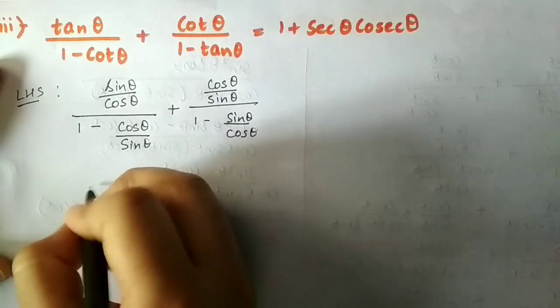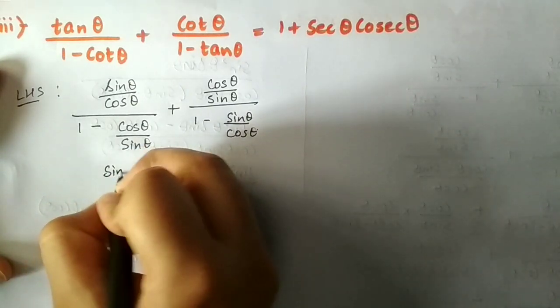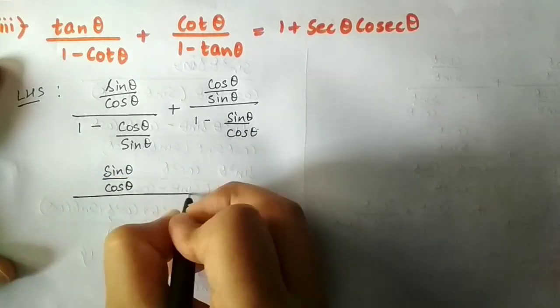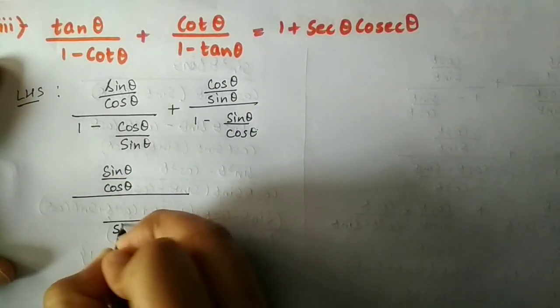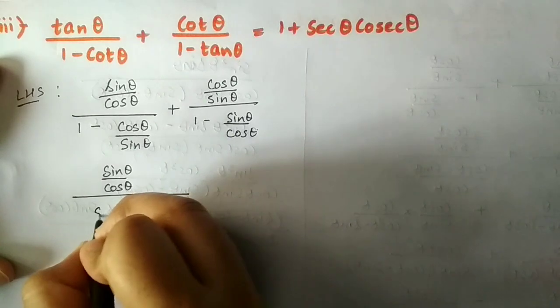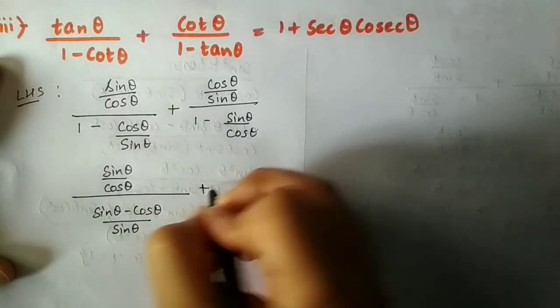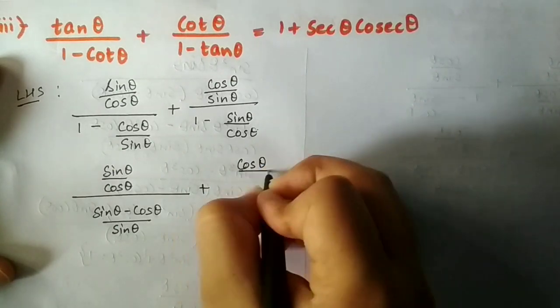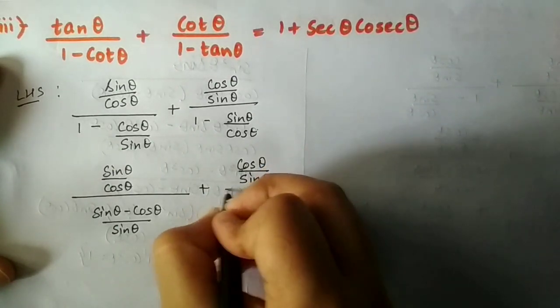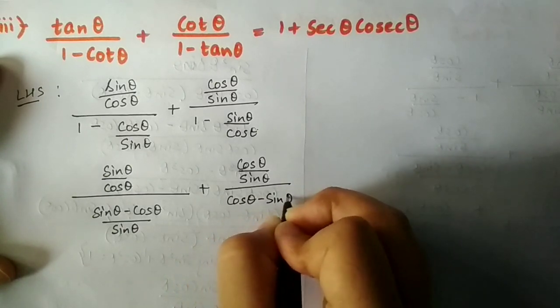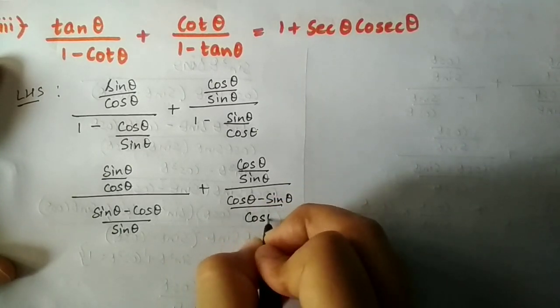Now take the LCM, you get sine theta upon cos theta divided by sine theta minus cos theta upon sine theta as denominator, plus cos theta upon sine theta divided by cos theta minus sine theta upon cos theta.